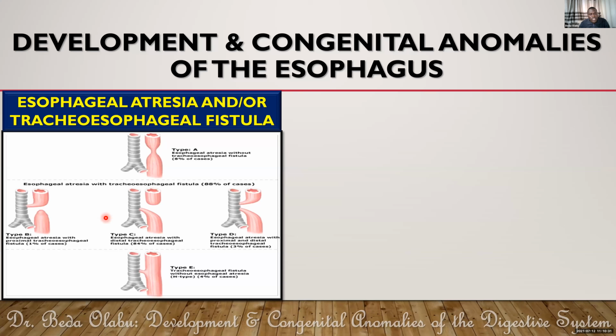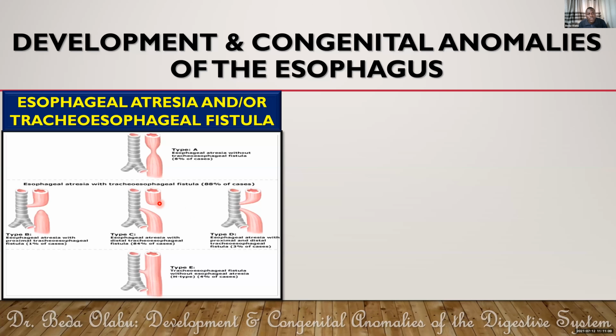As opposed to type C, where there's atresia with a fistula that involves the distal segment. And type D, where there is atresia and fistula involving both proximal and distal segments. And then type E, where there is no atresia, but there is a fistula. So these are the different entities of tracheoesophageal fistula. Type A TOF is esophageal atresia without tracheoesophageal fistula.